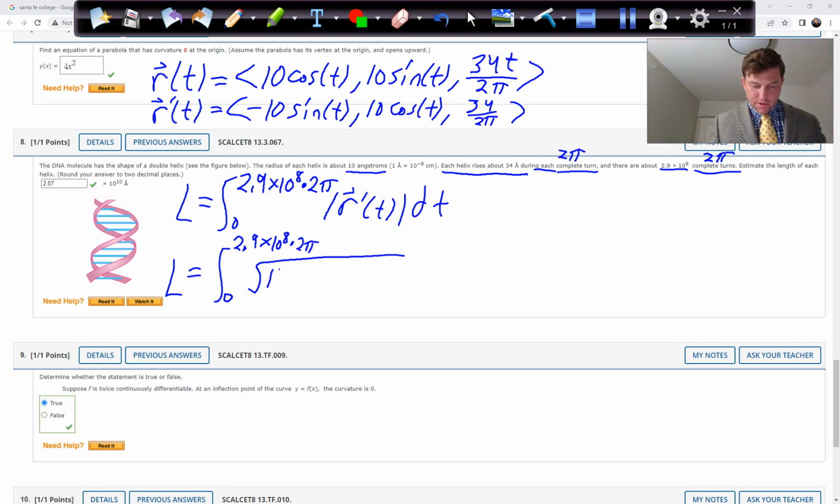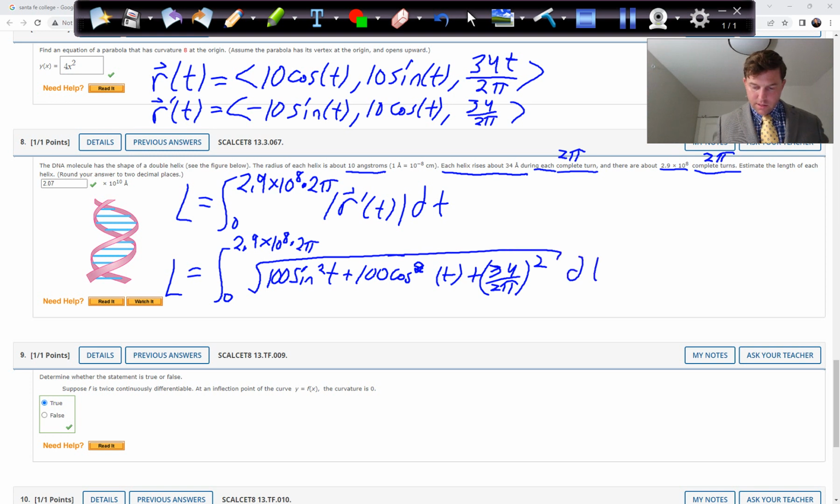So it's going to be 100 sine squared t plus 100 cosine squared t plus 34 over 2 pi squared, dt. My pen is quickly giving up on me. But this is just going to be 100 because sine squared t plus cosine squared t is 1.